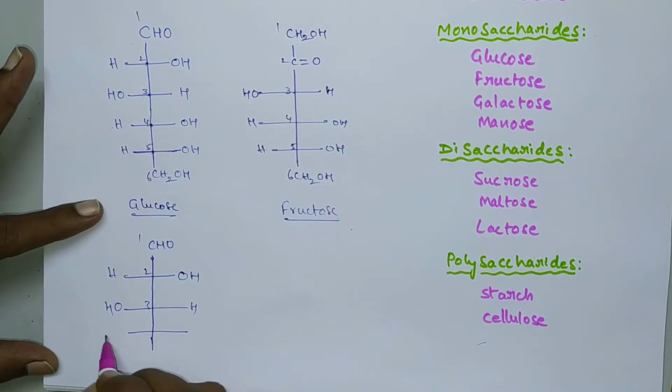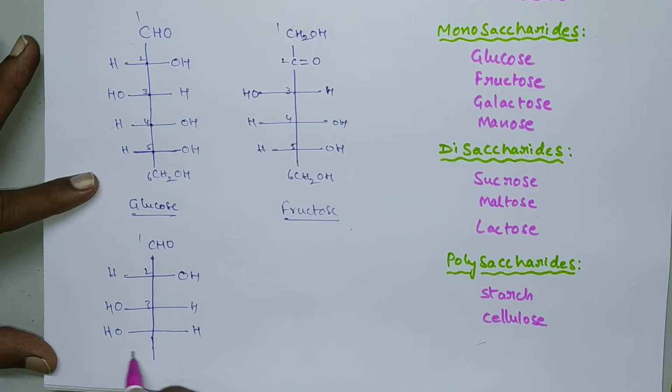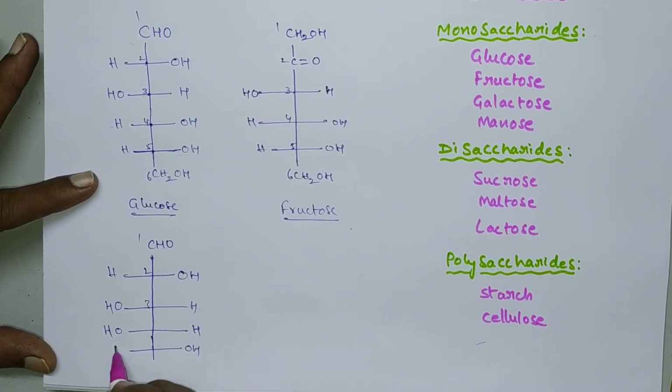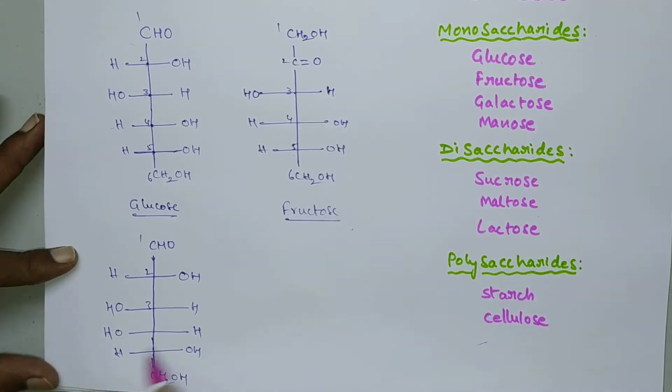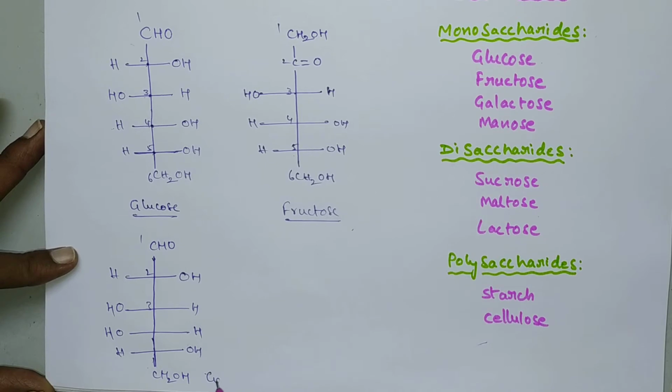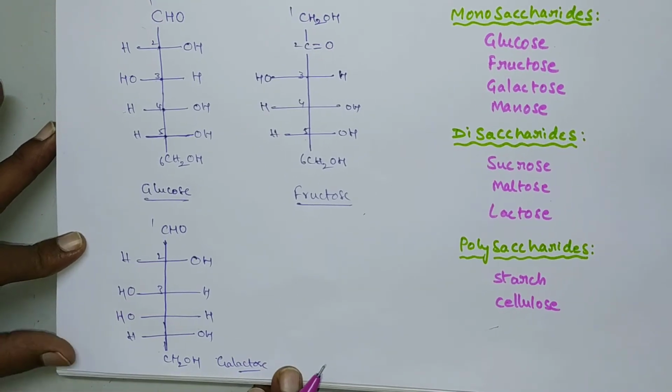Here it is the fourth carbon, so we have to interchange here. OH at the left hand side, H at the right hand side. Next fifth carbon, OH, H and CH2OH. So this is galactose.